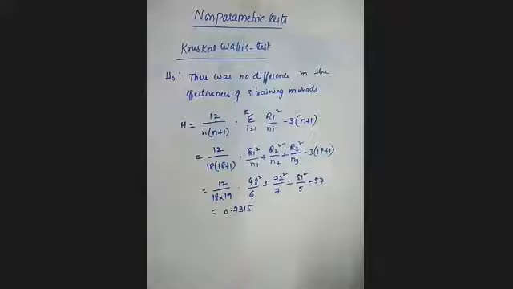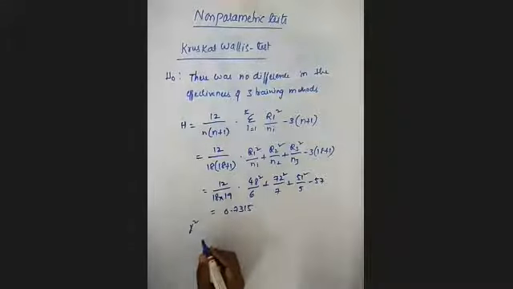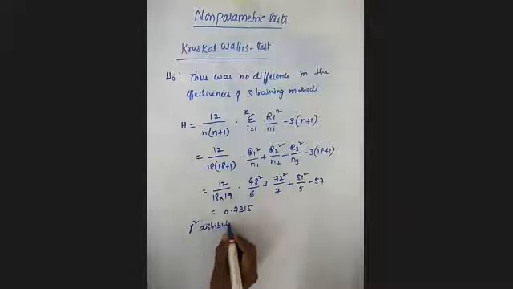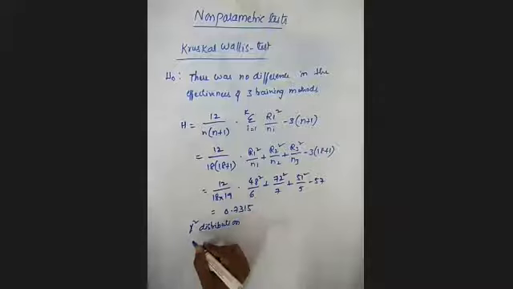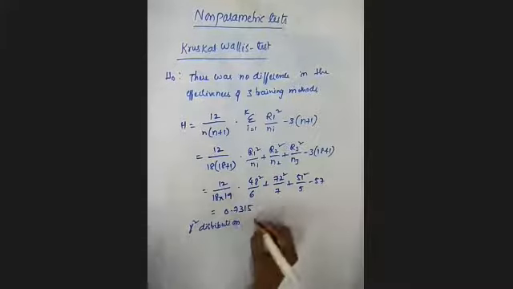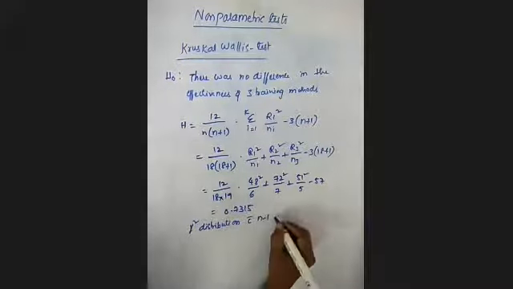Clear? After calculating this, you have to evaluate against the chi-square distribution. We have to calculate against this chi-square distribution with n minus 1 degrees of freedom.